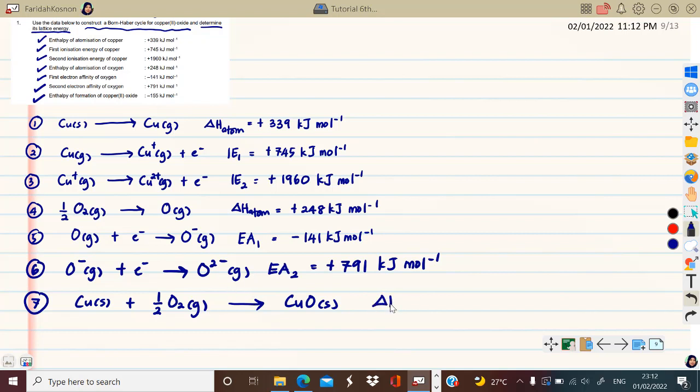This is the enthalpy of formation of copper(II) oxide, which is negative 155 kilojoule per mole. Now you need these thermochemical equations to construct the Born-Haber cycle.